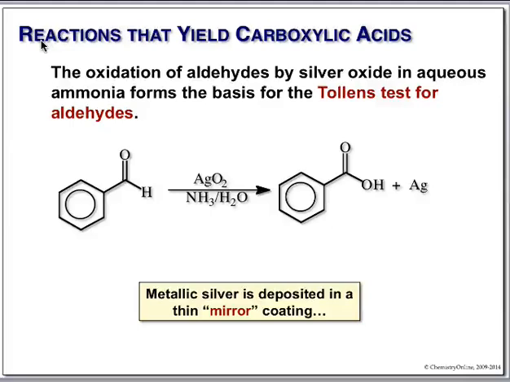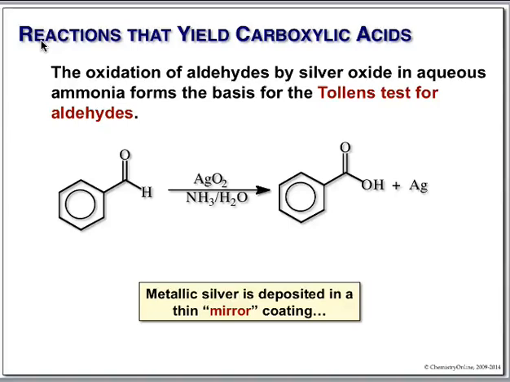Aldehydes can be oxidized by silver oxide in the presence of ammonia. You need ammonia there to form a chelated silver. This reagent oxidizes aldehydes specifically to the carboxylic acid. Now what's neat about it is that we're left with metallic silver when we're done.